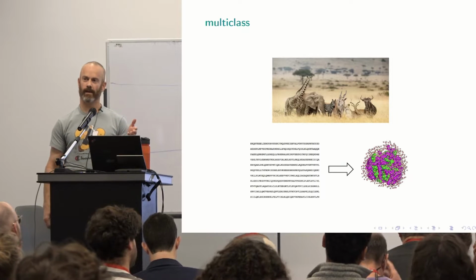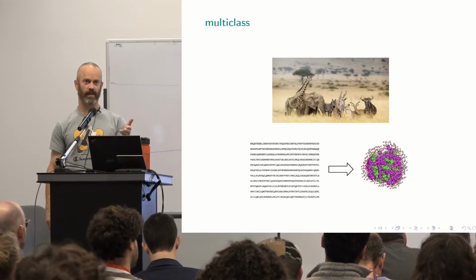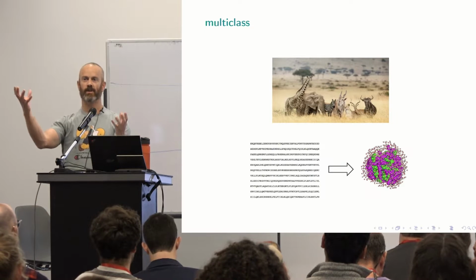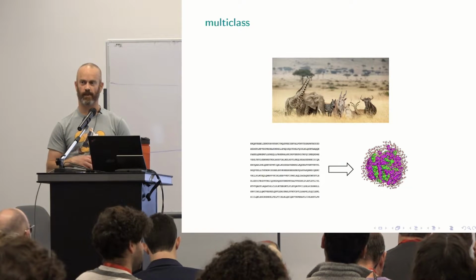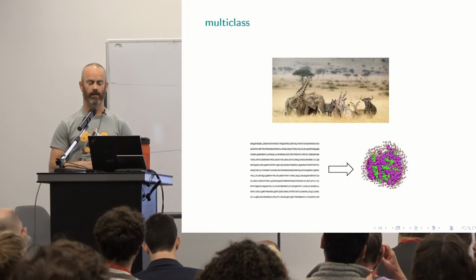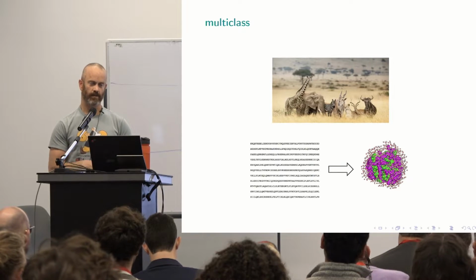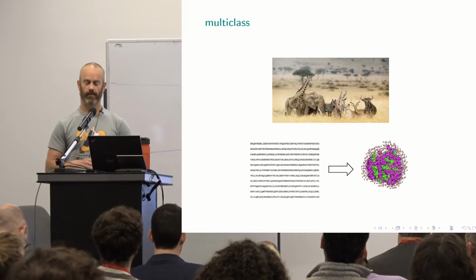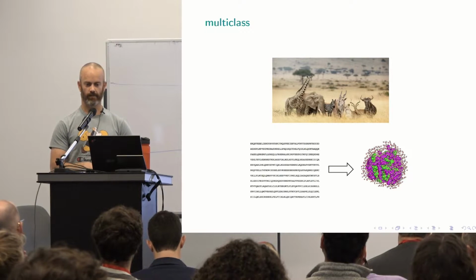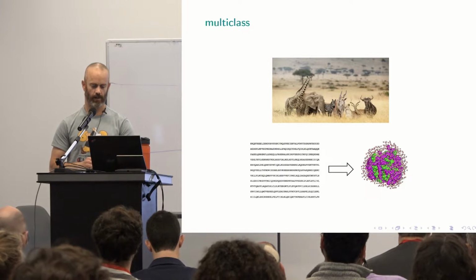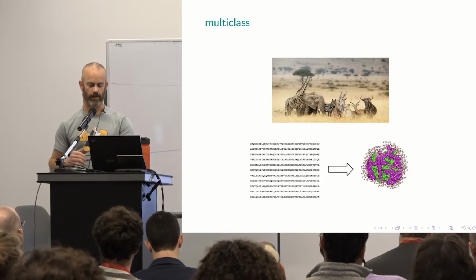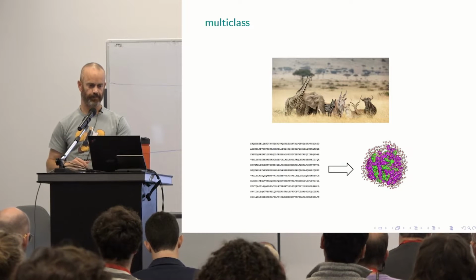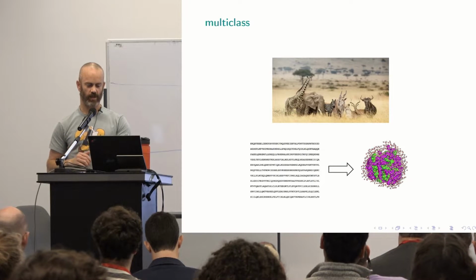So it could be the names of the animals that appear in a picture, or the three-dimensional structure of a protein that is being folded. It could be something. But again, we don't have any structure on Y. It is just some set of labels. An image can be either this or this or this. So this is a more general scenario.